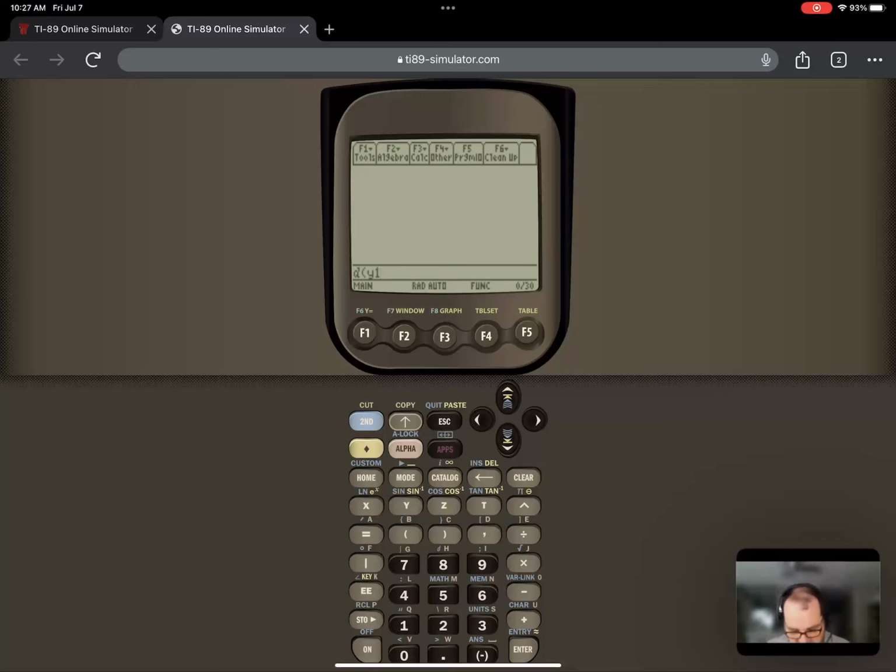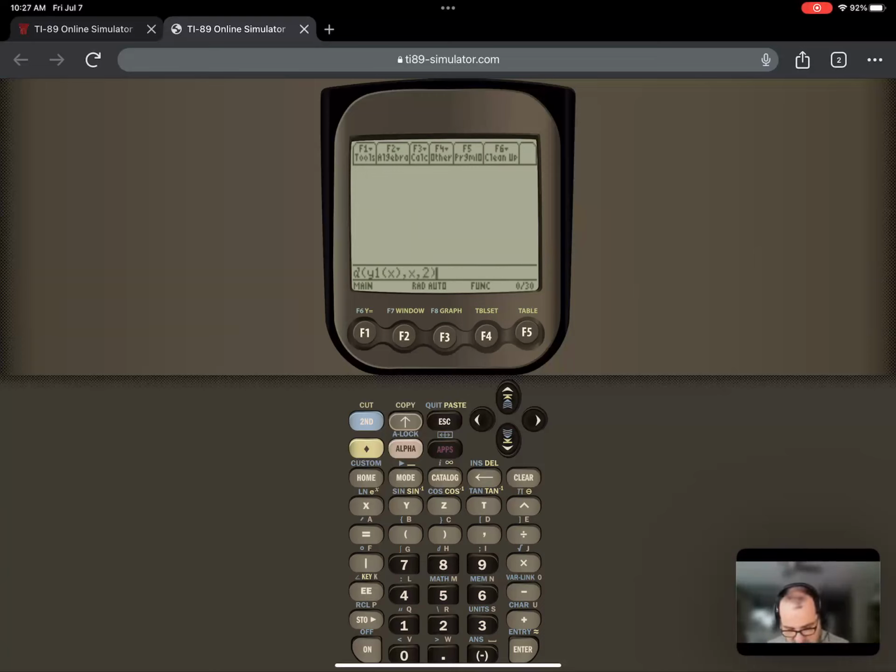The calculator doesn't know what y1 is by itself, so you have to put in y1 of x, and then tell it that x is the variable, like saying derivative with respect to x. If I put a comma 2 here, that will do a second derivative of y1. So that is my second derivative of y1.